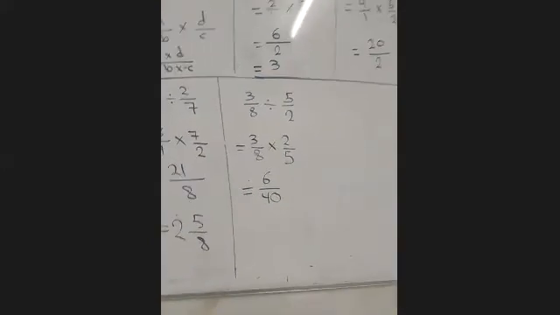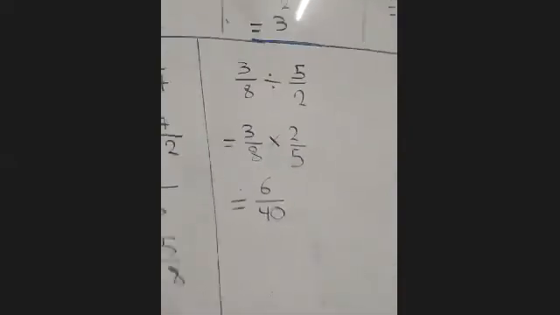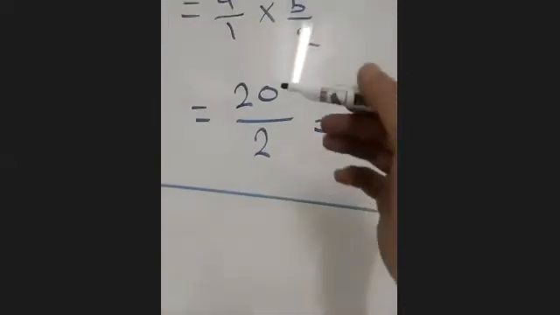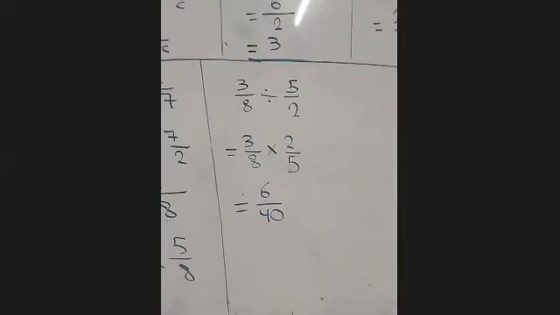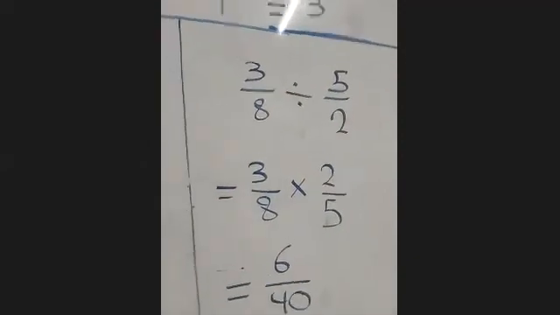How do we simplify this answer? Can you tell me? Can the 6 be divided by 40? No, because the upper number is the smaller, right?